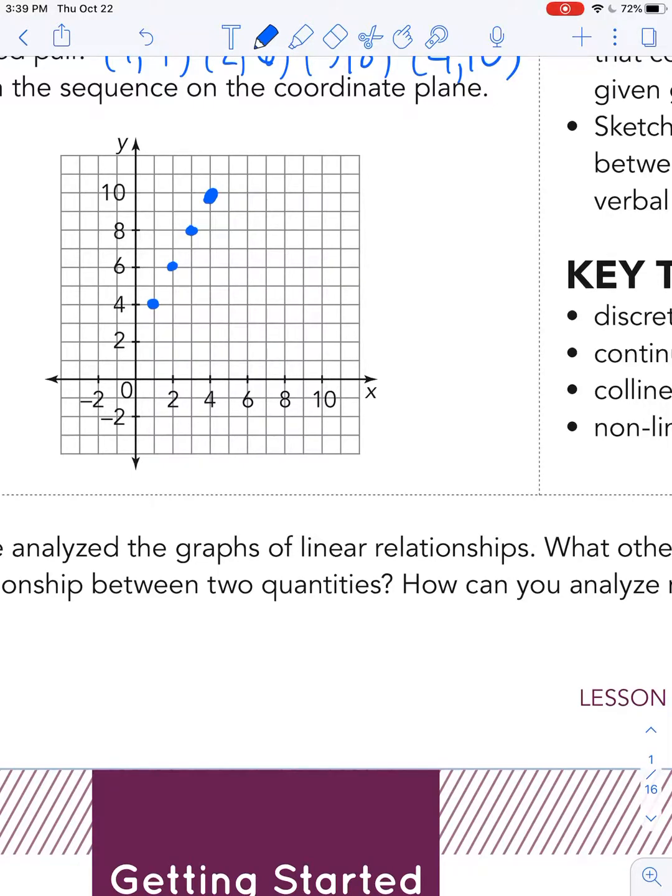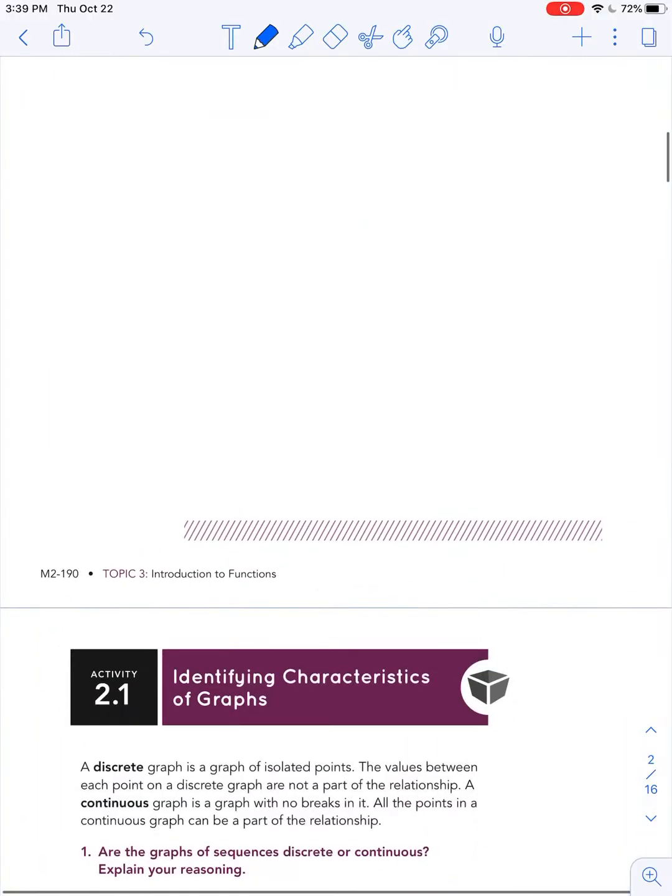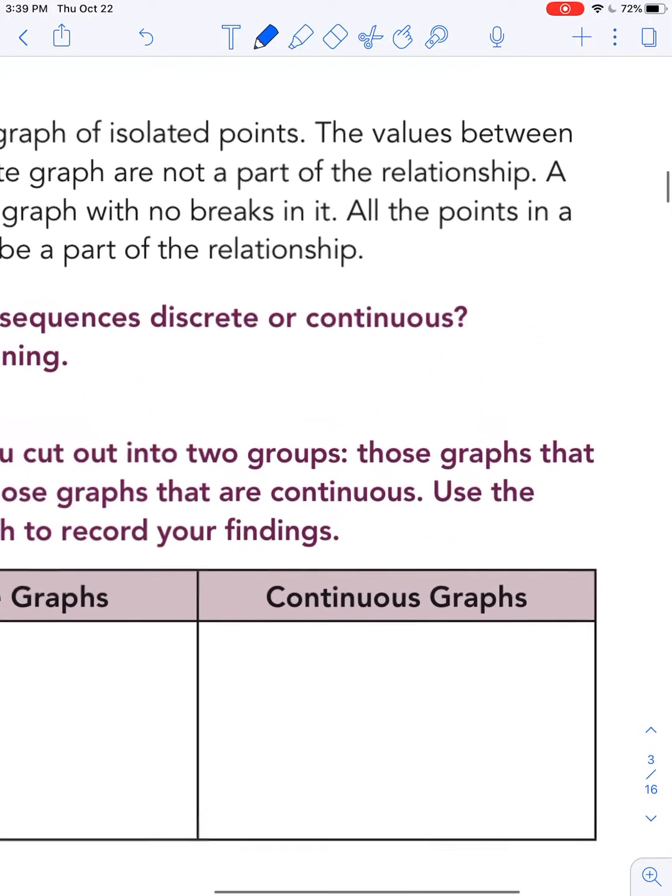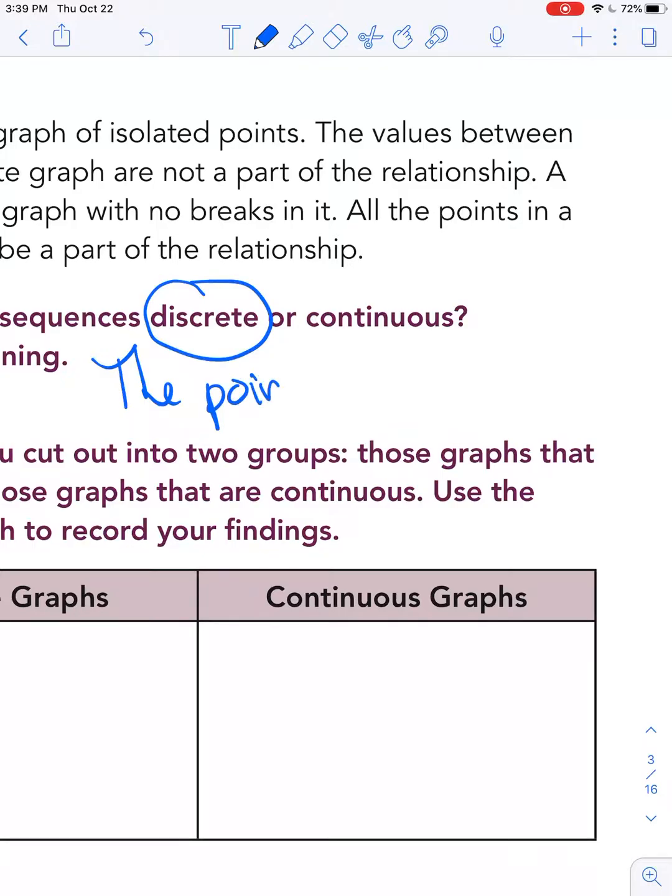Is it connected or is it not connected? They are not connected, so they would be discrete. The points are not connected.